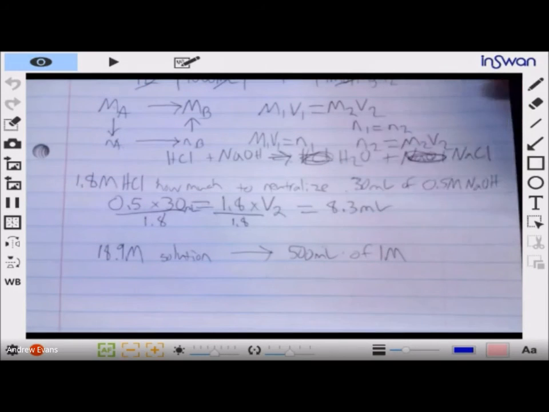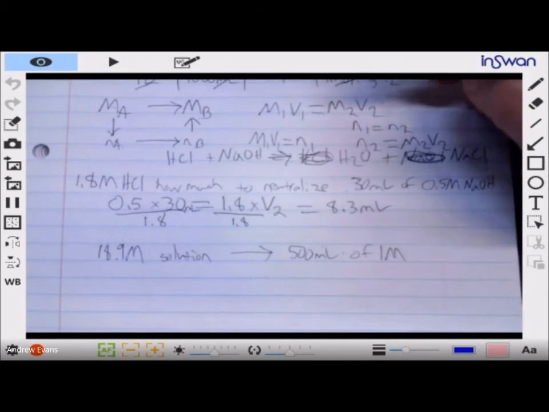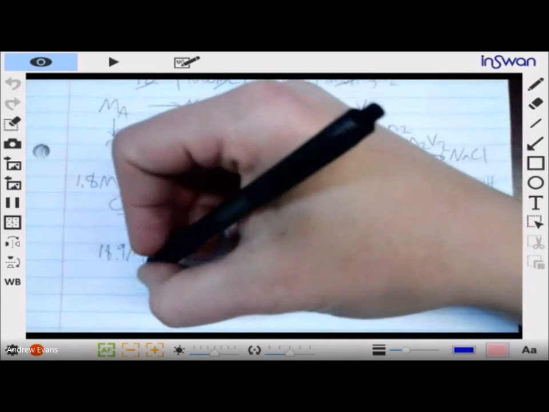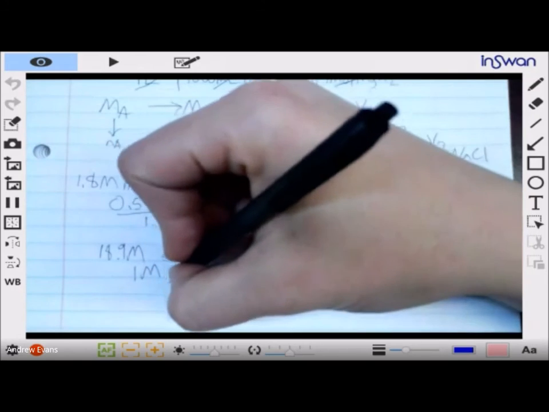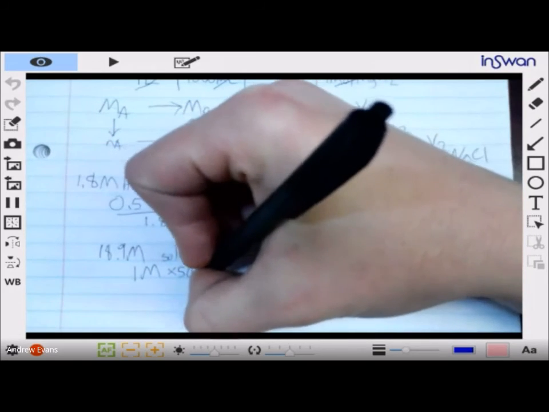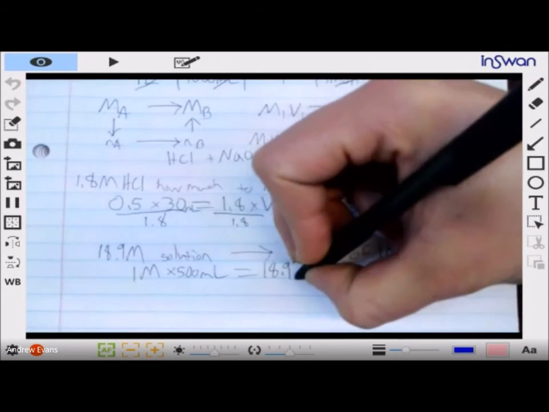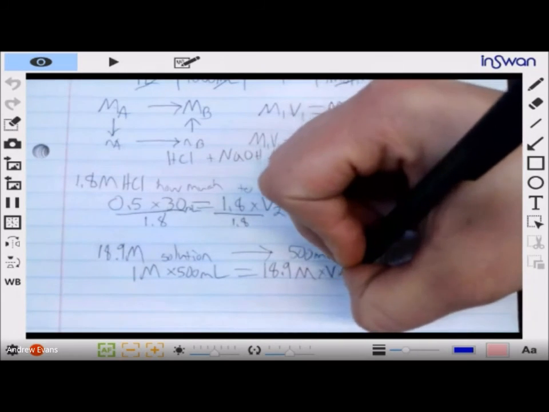How much of the initial solution would I have to dilute? So we have situation 1. We have 1 molar and 500 mils. And situation 2 is 18.9 molar, V2.